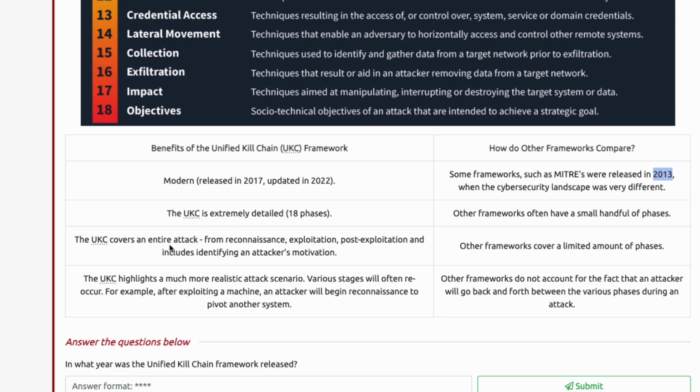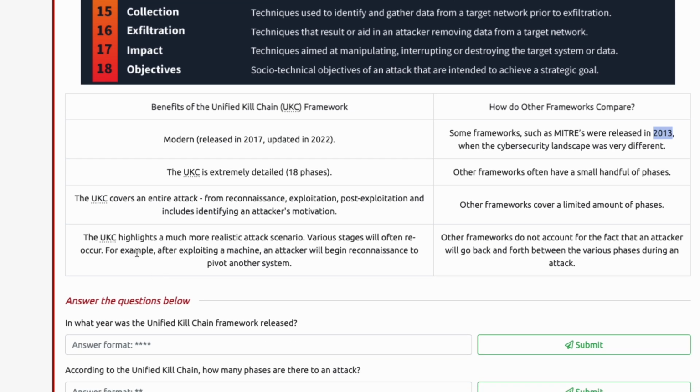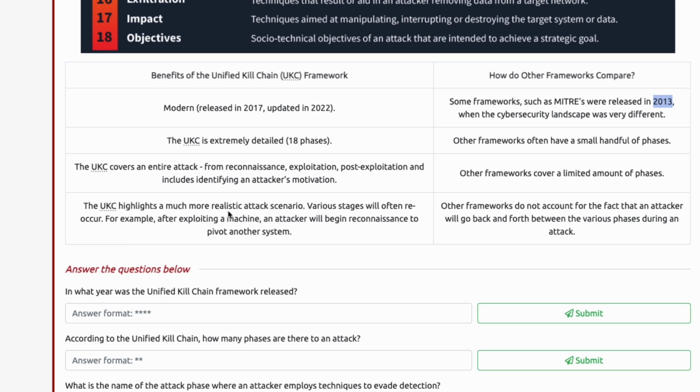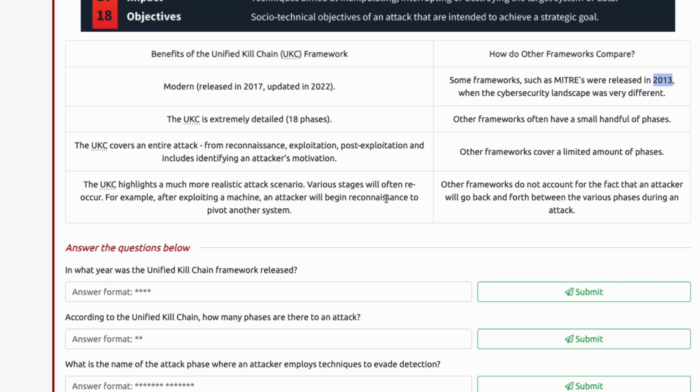The UKC covers an entire attack from recon, exploitation, post-exploitation, and even identifying their motivation. Other frameworks cover just the overview. The UKC highlights a much more realistic attack scenario. Various stages will often reoccur. For example, after exploitation, they can begin their reconnaissance, as we already talked about. Other frameworks don't account for stuff like that.